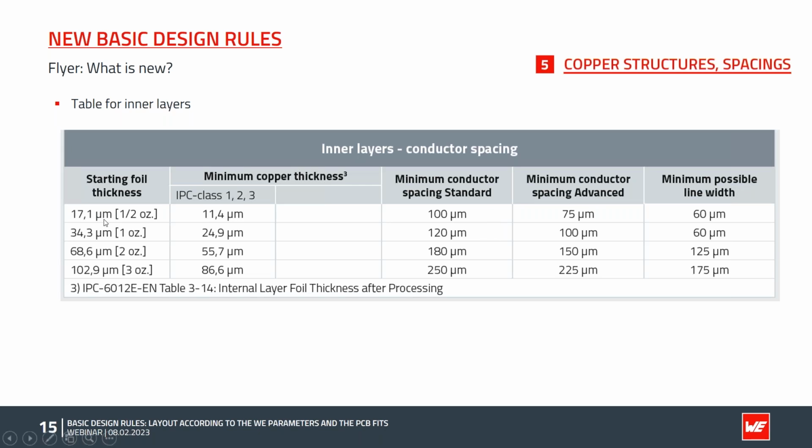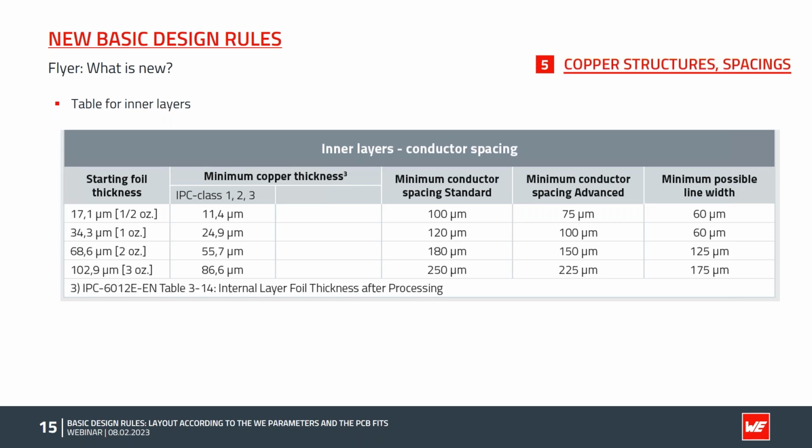And based on the starting copper foil thickness, ½ ounce, 1 ounce, 2 or 3 ounce, you can find the minimum copper thicknesses according to the IPC 6012. So that's also new. For inner layers without plating or metallization, there is no difference between IPC class 1, 2 or 3. So it's all the same. And why is it less in copper thickness compared to the starting foil thickness?